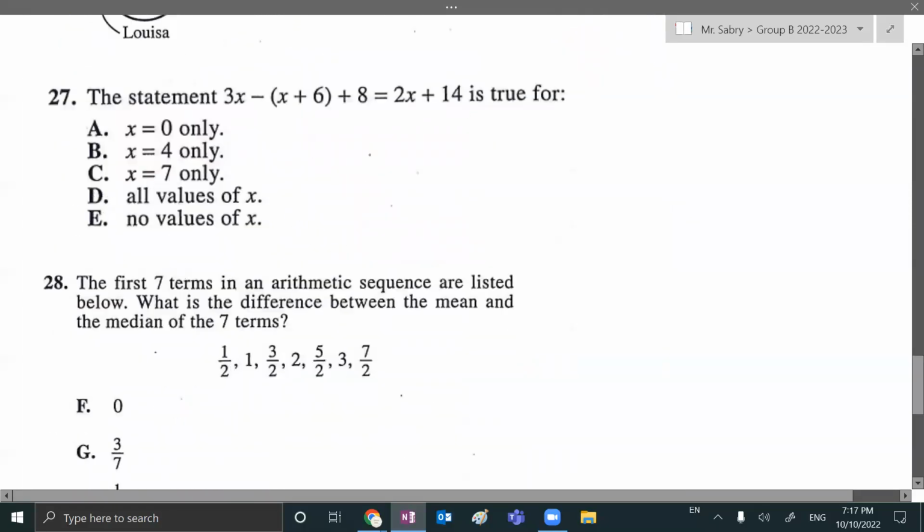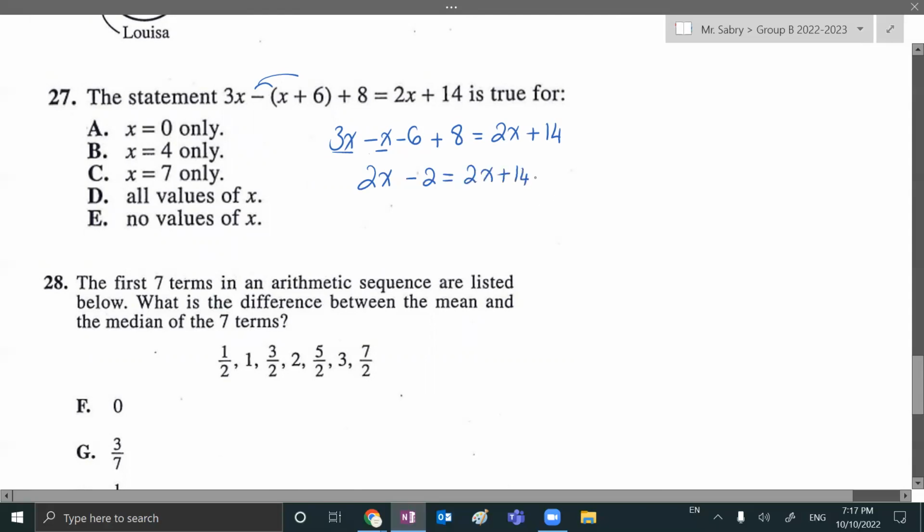If we're working on 27, there's an equation, so right away I'll just solve it. I'll distribute this negative sign to the bracket. I'll have negative x minus 6 plus the 8 normally equals 2x plus 14. And then I'll add the like terms, so 3x minus x will give me 2x. Negative 6 plus 8 is negative 2 equals 2x plus 14.